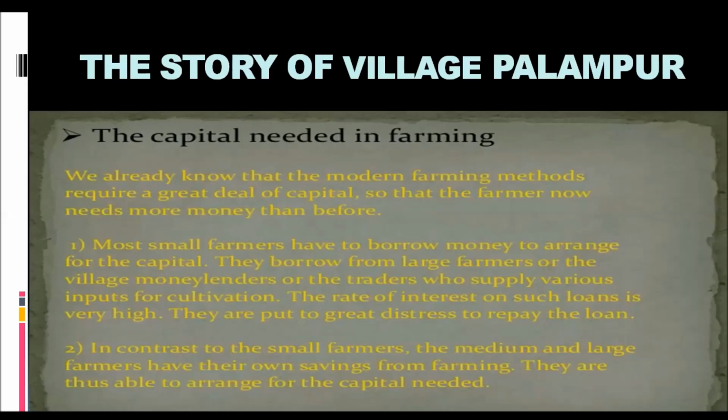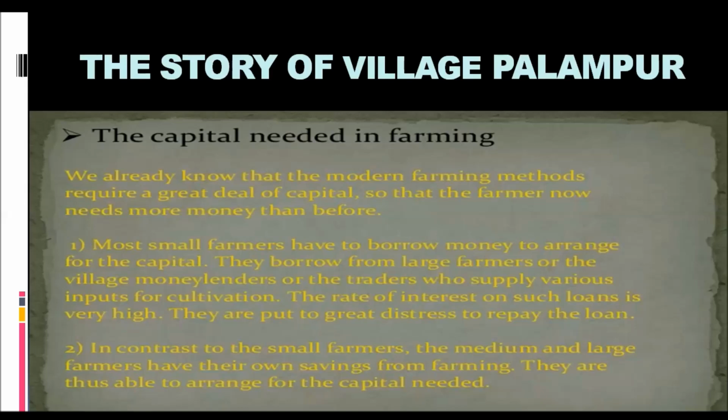The capital needed in farming. We already know that modern farming methods require a great deal of capital, so the farmer now needs more money than before. Most small farmers have to borrow money to arrange for the capital. They borrow from large farmers, the village moneylenders, or the traders who supply various inputs for cultivation.